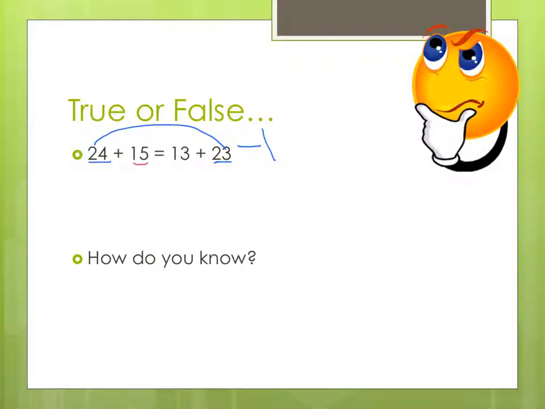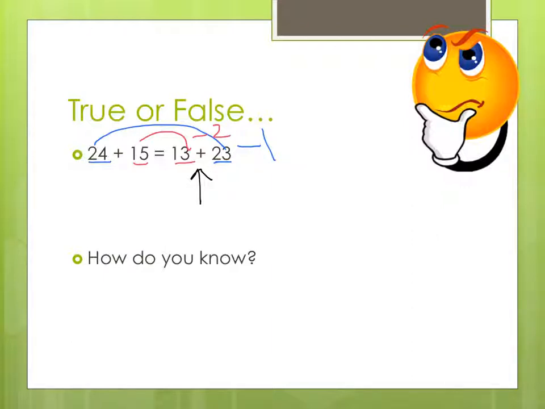If I compare 15 and 13, 13 is 2 less than 15. Looking at the relationship between these numbers, I see that both numbers on the right side of the equation are less than the numbers on the left side of the equation. In this case, those changes will not cancel out, and the equation is false.